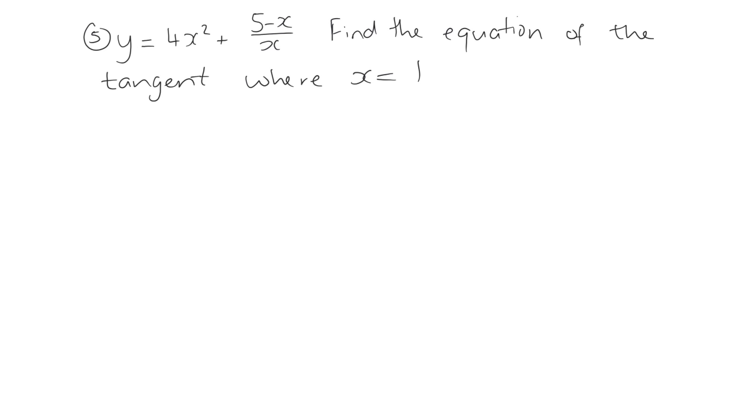Question 5, y equals 4x squared plus 5 minus x all over x. Find the equation of the tangent where x equals 1. So to find the equation of any line, you need a point on the line and you need the gradient. So let's start with the gradient. Right, I have to separate up the fraction there to simplify it.